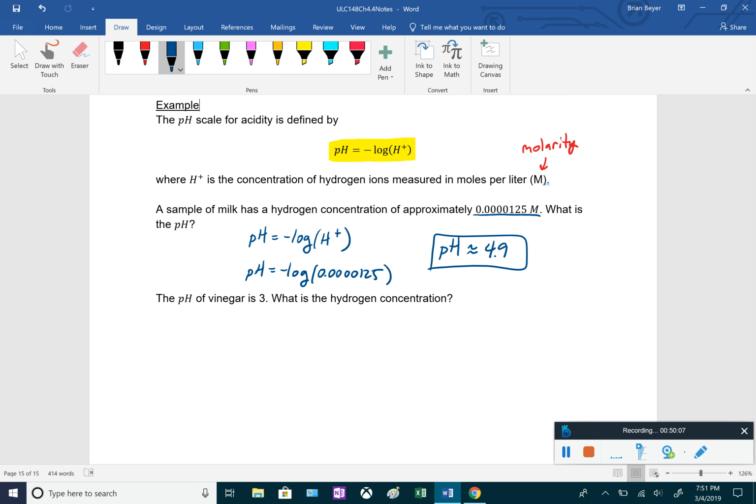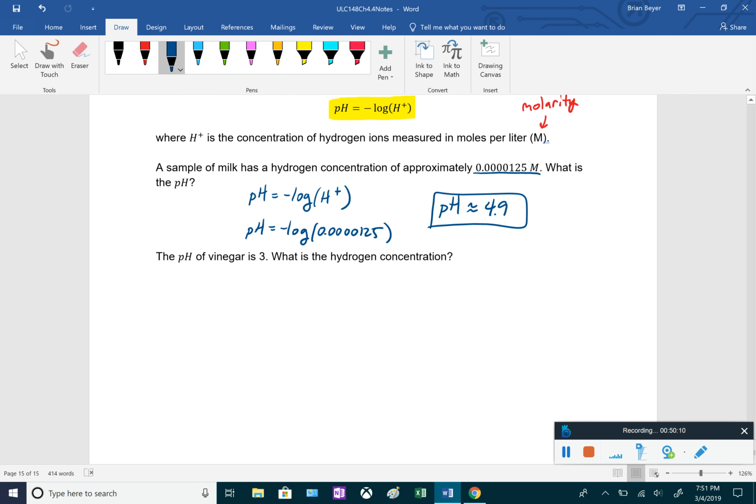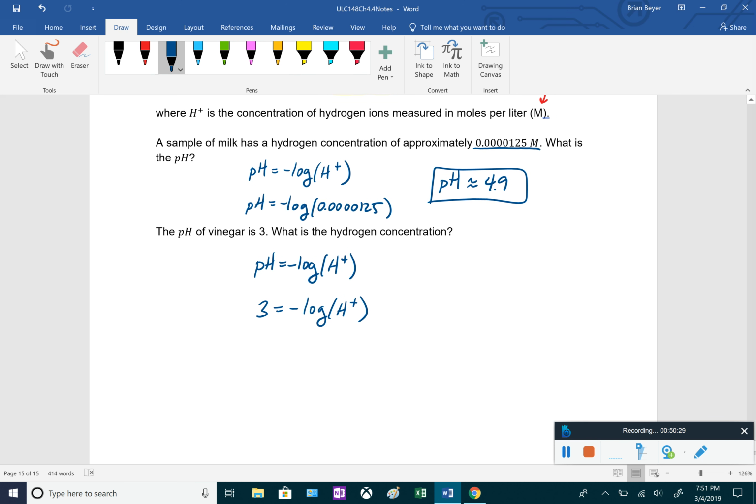So we want to know the hydrogen concentration. This time, same formula, pH equals negative log of the hydrogen concentration. The pH is 3, so 3 equals negative log of that hydrogen concentration. We're solving for the H, like solving for x, so it's a logarithmic equation.